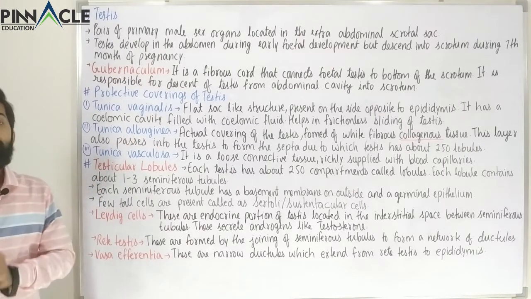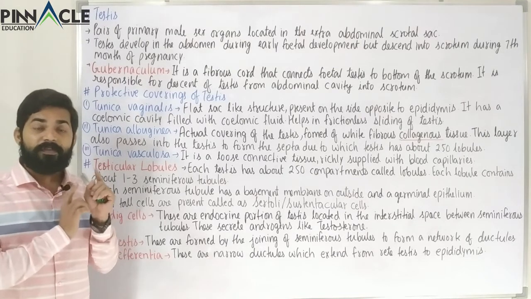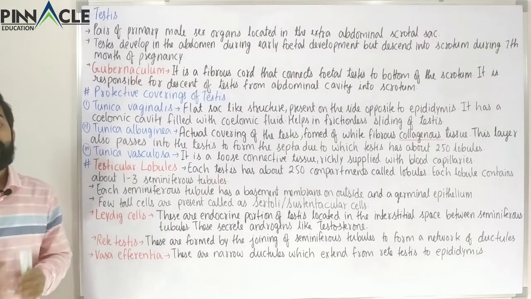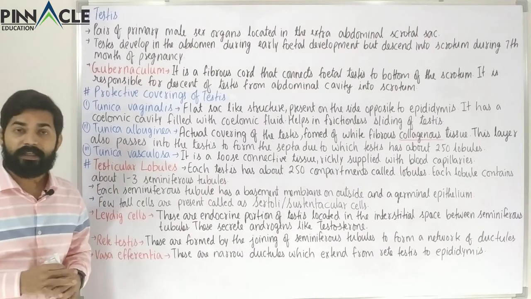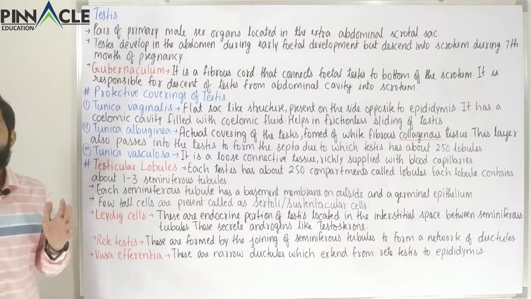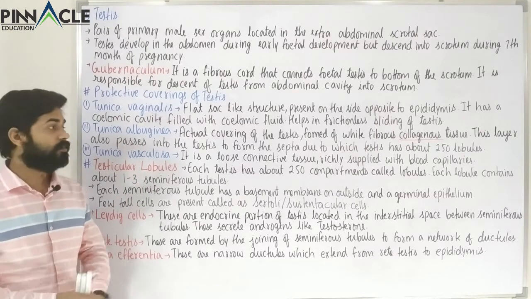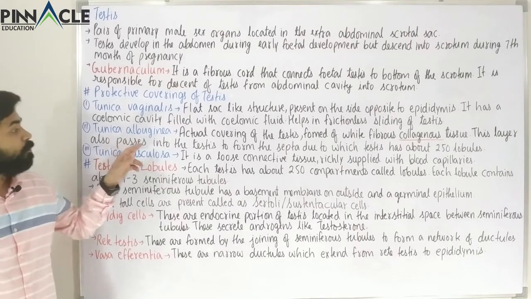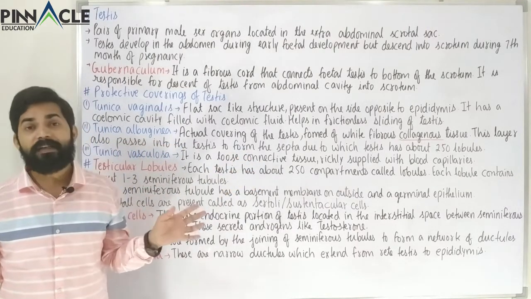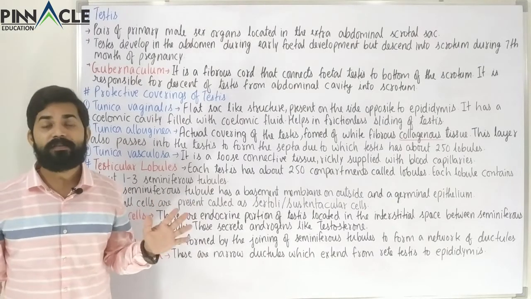And a very important function is that we have studied about testicular lobules. In the diagram we have just seen that there were around 250 lobules in the testis. So it is this layer which is forming those 250 lobules or compartments. This layer also passes into the testis. It does not just cover the outer surface of the testis.